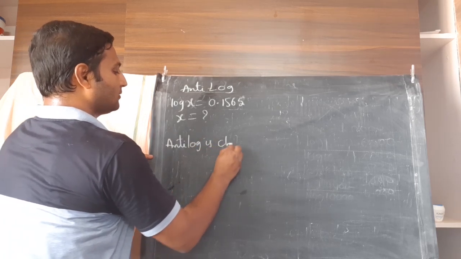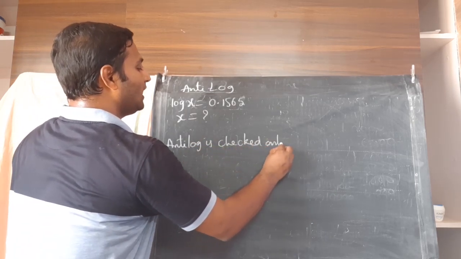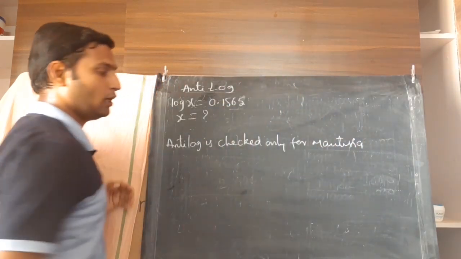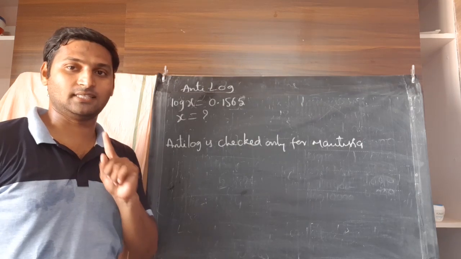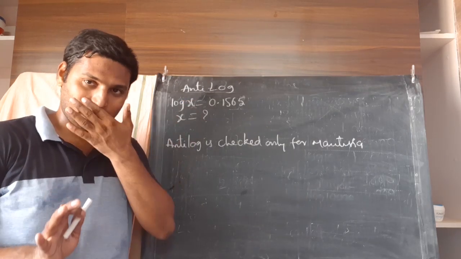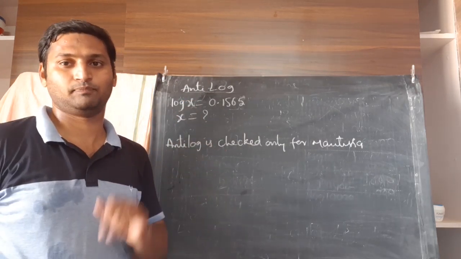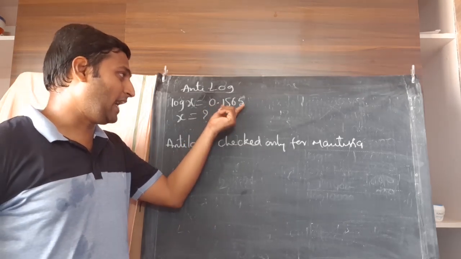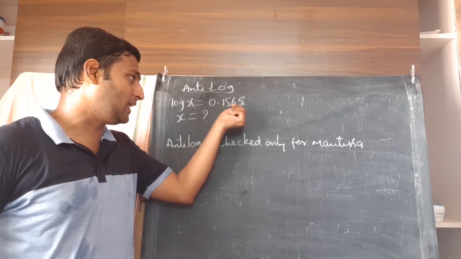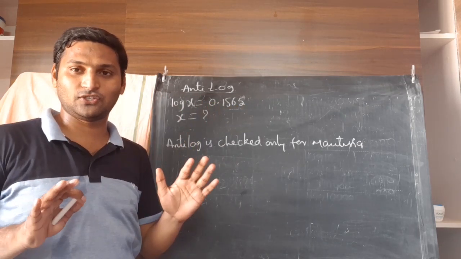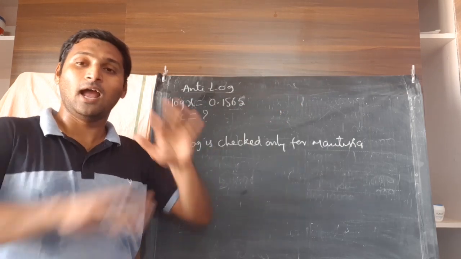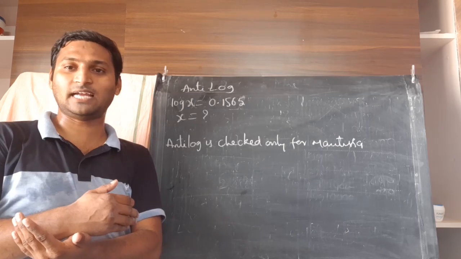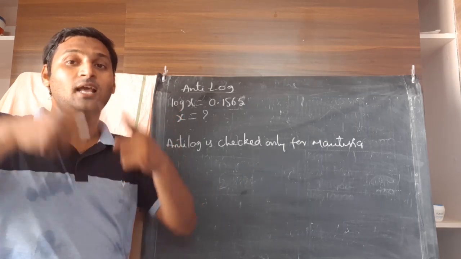Now please understand, anti-log is checked only for mantissa. We don't worry about characteristic. I'll tell you where we use characteristic. So from the anti-log table, we have to use digits present only in the mantissa, not the digit present in the characteristic. Whereas when we were checking log, all the digits were involved while checking the log table, and then characteristic was decided from the number of digits before the decimal in the given value.